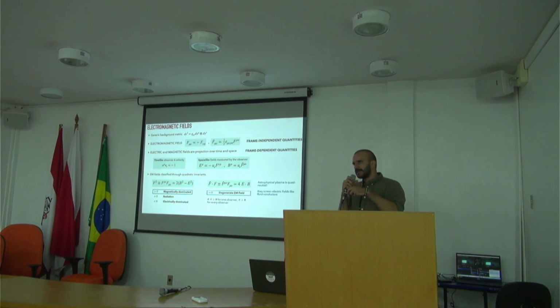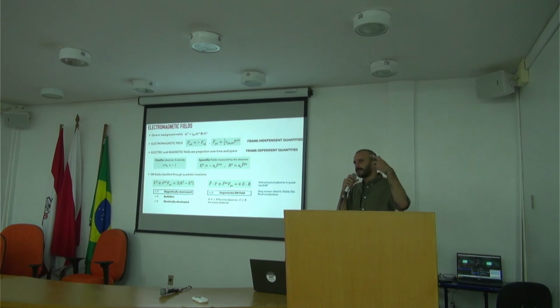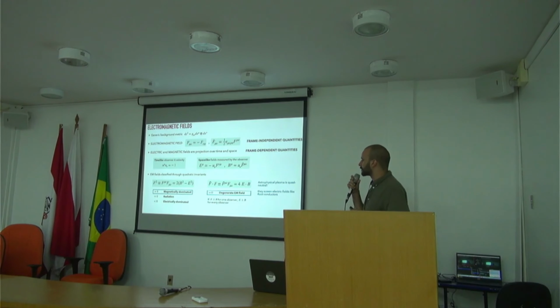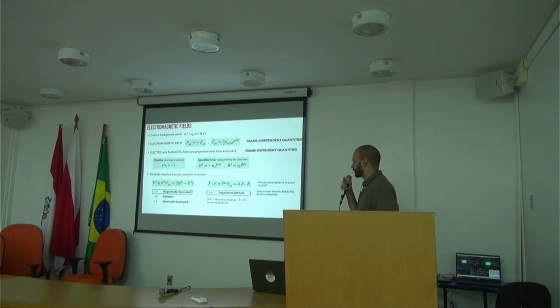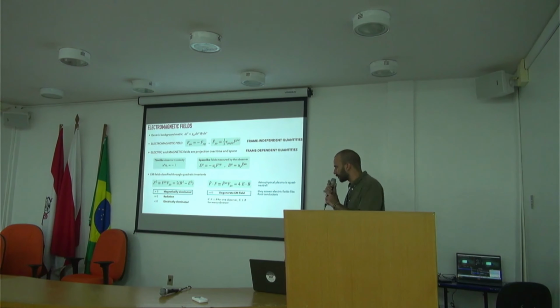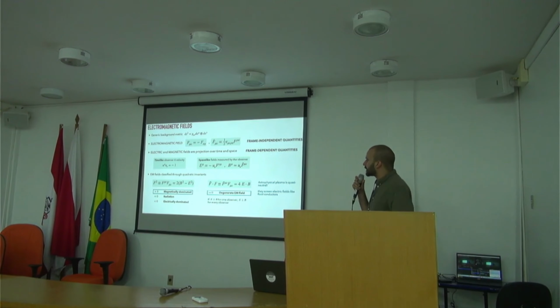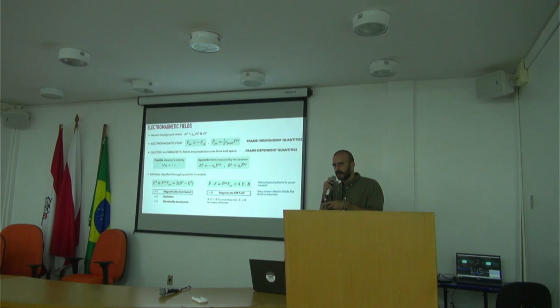Actually, degeneracy implies a series of mathematical consequences which are very interesting, and maybe I will discuss them tomorrow. I'm not sure, but the idea is that since this is an invariant quantity, if an observer measures an electric field which is orthogonal to a magnetic field, this will be true for every observer.